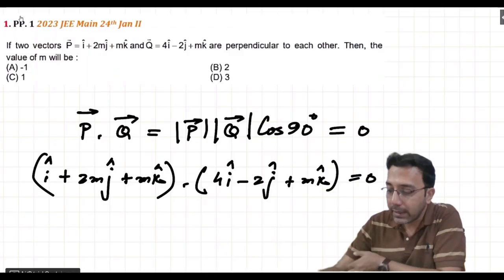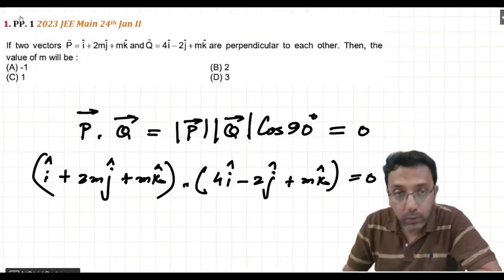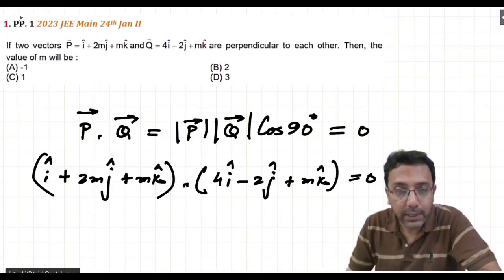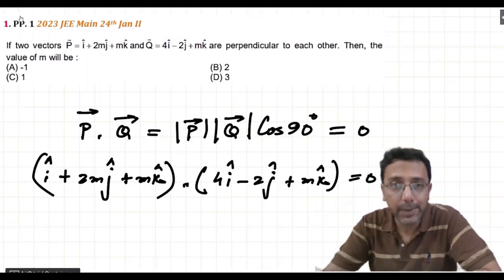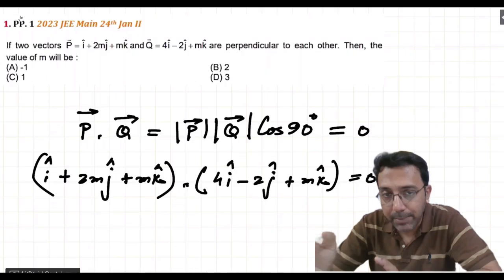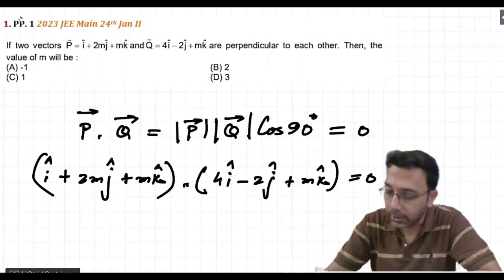Now if I am executing that dot product, we know that i dot i is 1 and i dot j or i dot k is 0, because i, j, k are positioned on 3 mutually perpendicular axes. The angle between the 2 axes is 90 degrees, so cos 90 is 0. So the dot product of any unit vectors which are mutually perpendicular turns out to be 0.